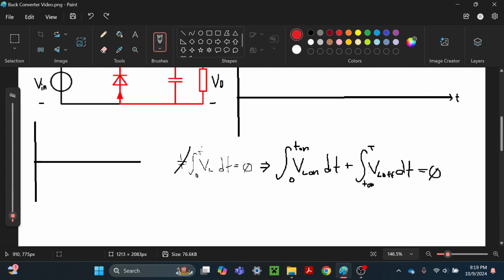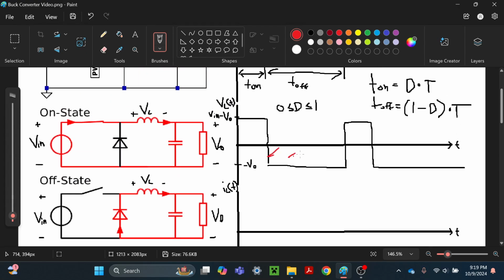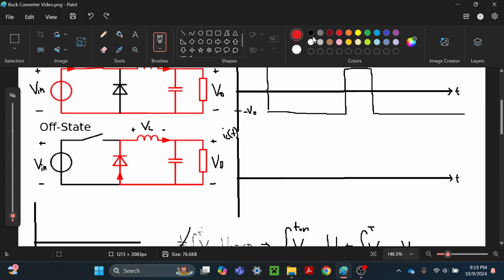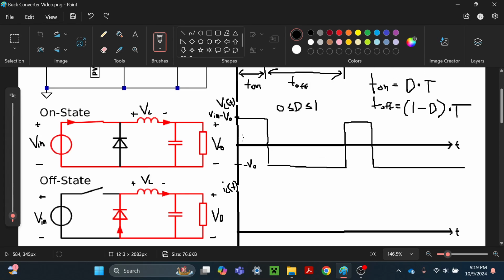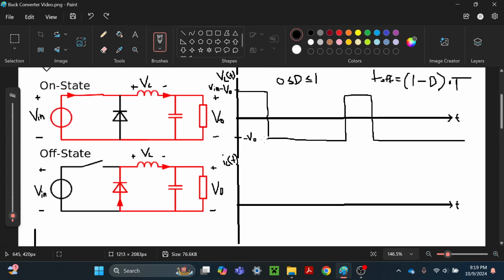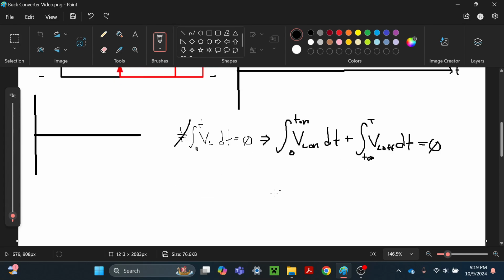And then this area is going to be this negative area right here. So this area is actually going to be V in minus V out, right? It's a square or a rectangle. V in minus V out times the on time. And then this is going to be negative V out times the off time.